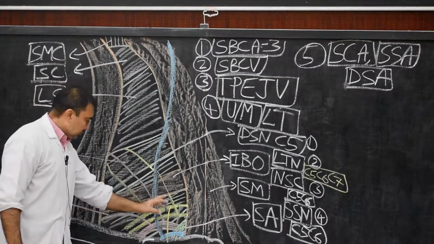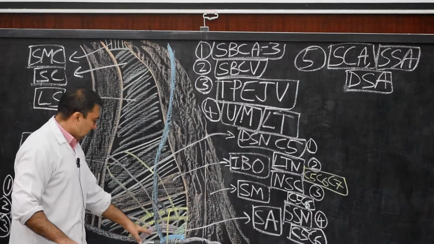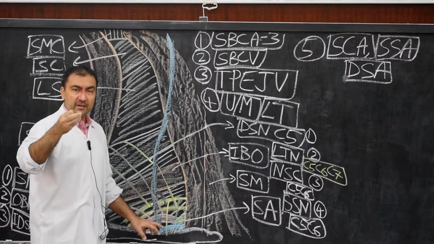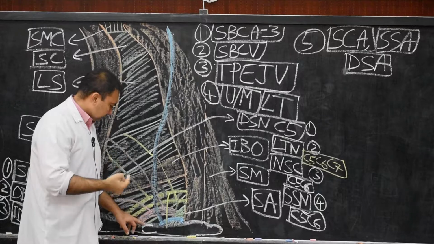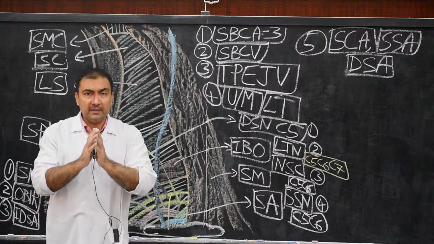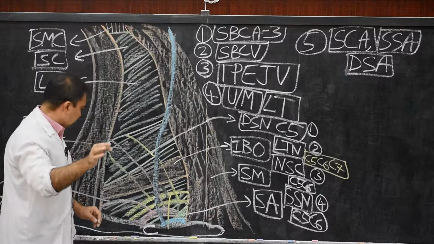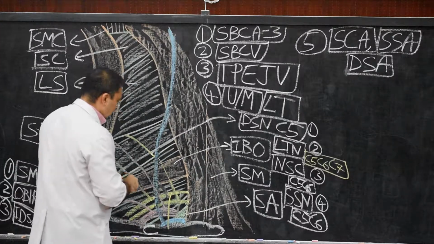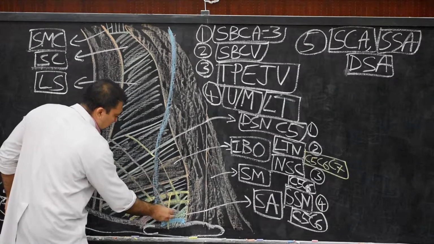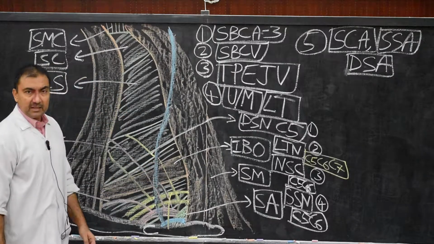Content of supraclavicular triangle. Third artery, dorsal scapular. We will not draw here the third artery. That dorsal scapular artery will travel deep just behind the clavicle, and it will travel along with dorsal scapular nerve. So if we want to show as a line representation, we can show that this artery will be present just beneath the dorsal scapular nerve.